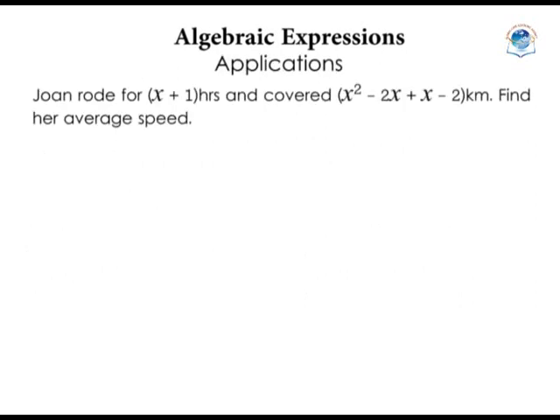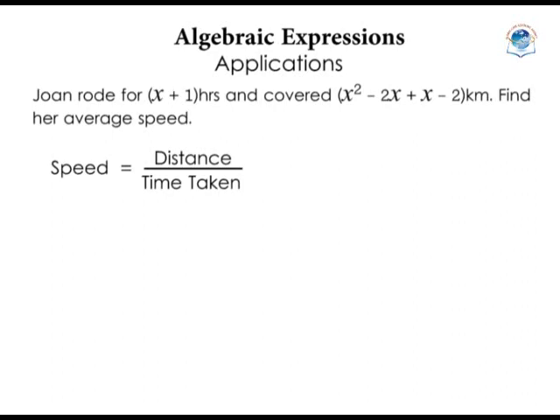Last example, Joanne rode for x plus 1 hours and covered a distance of x squared minus 2x plus x minus 2 kilometers. Find her average speed. And so speed is given by distance over time taken.